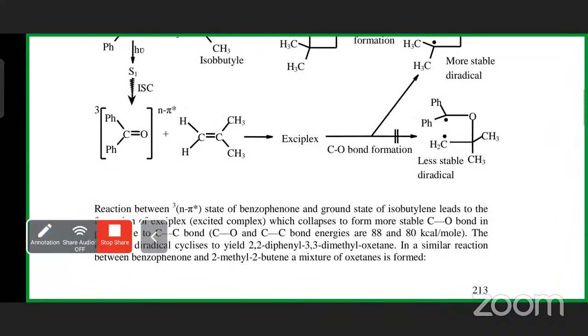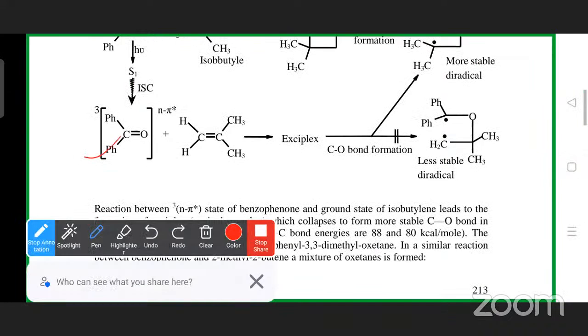So all the reactions for the carbonyl compounds, whether it is photoreduction or the Paterno-Büchi reaction and photoadditions, all three reactions will initiate and proceed in the triplet state only.